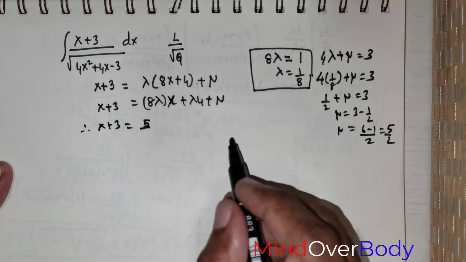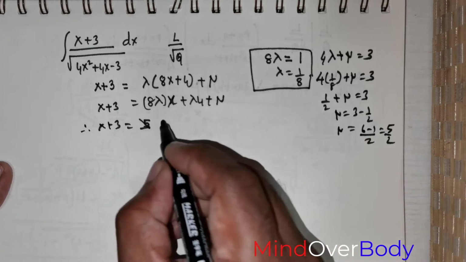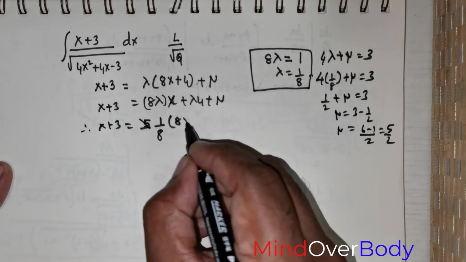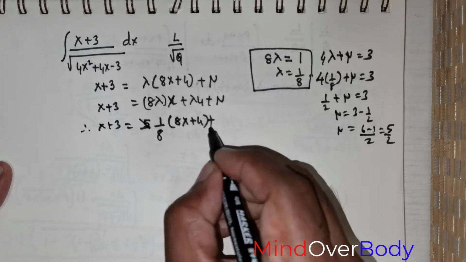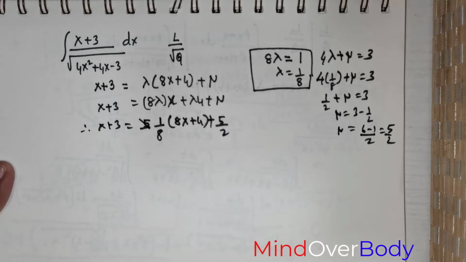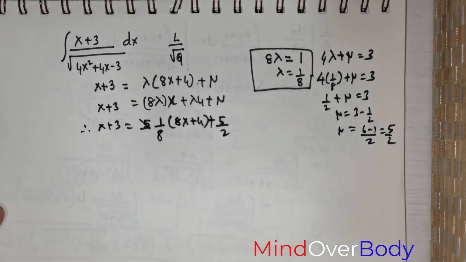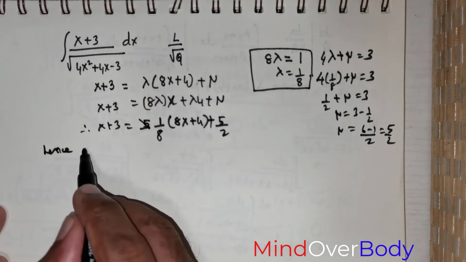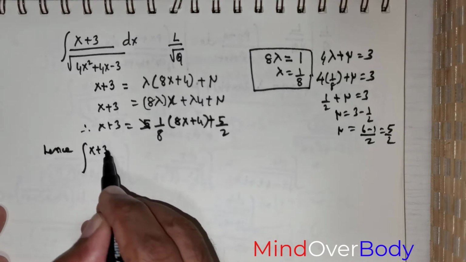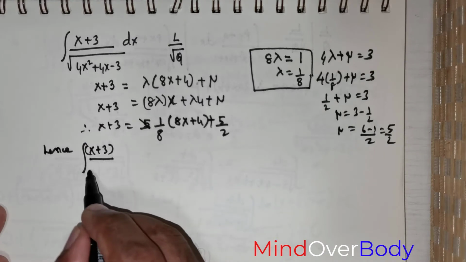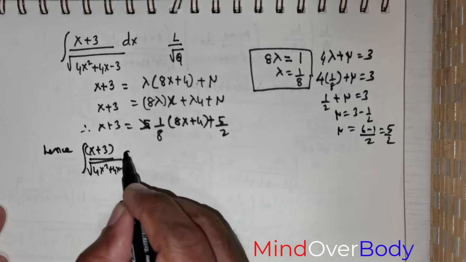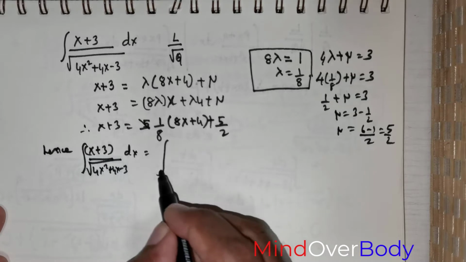So having obtained lambda and mu, x plus 3 is now equal to 1 over 8 of 8 times x plus 4, plus 5 over 2. So this is what I have got, and we are going to use this to solve this question. Hence we can rewrite the integral of x plus 3 over root of 4 times x squared plus 4x minus 3 times dx as follows.